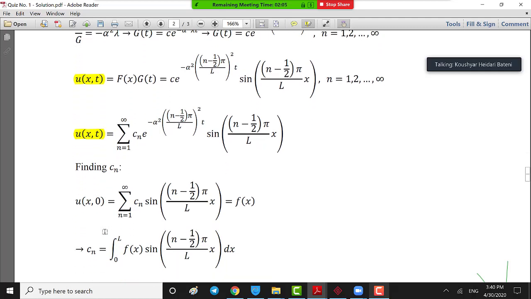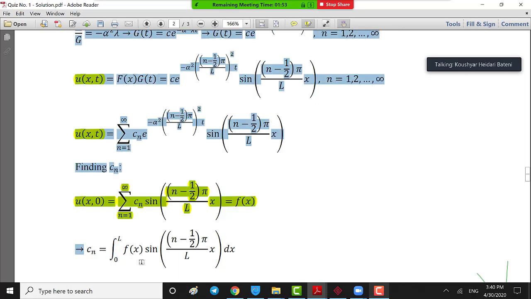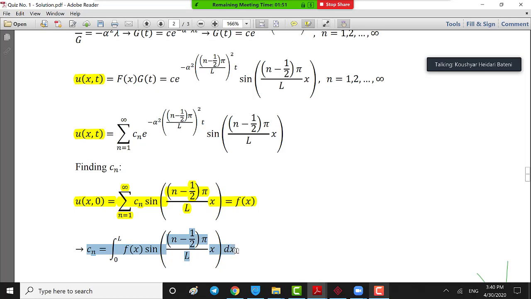When it comes to finding Cn, we use the initial condition that part A gives us, which is for a general f of x. And we find Cn to be equal to this. We avoid writing all the multiplication and integration steps.